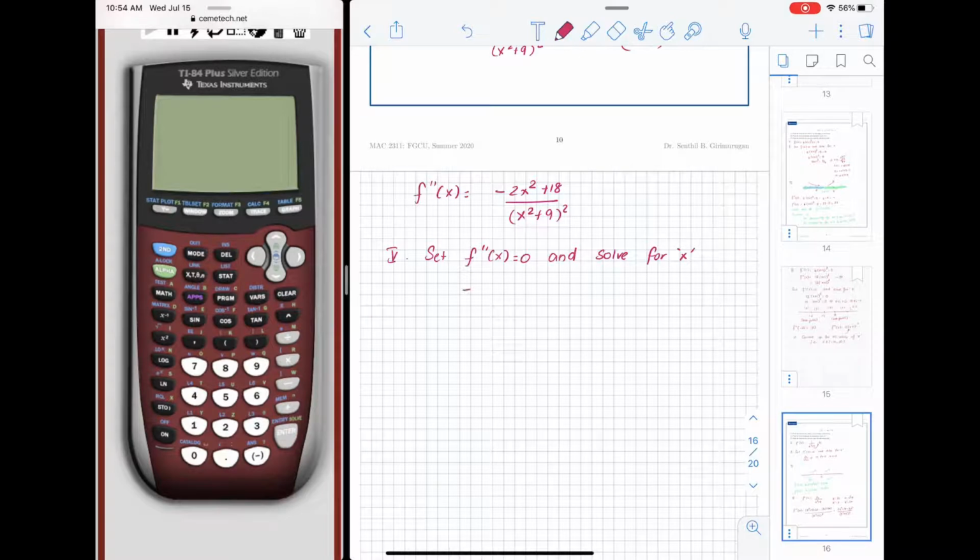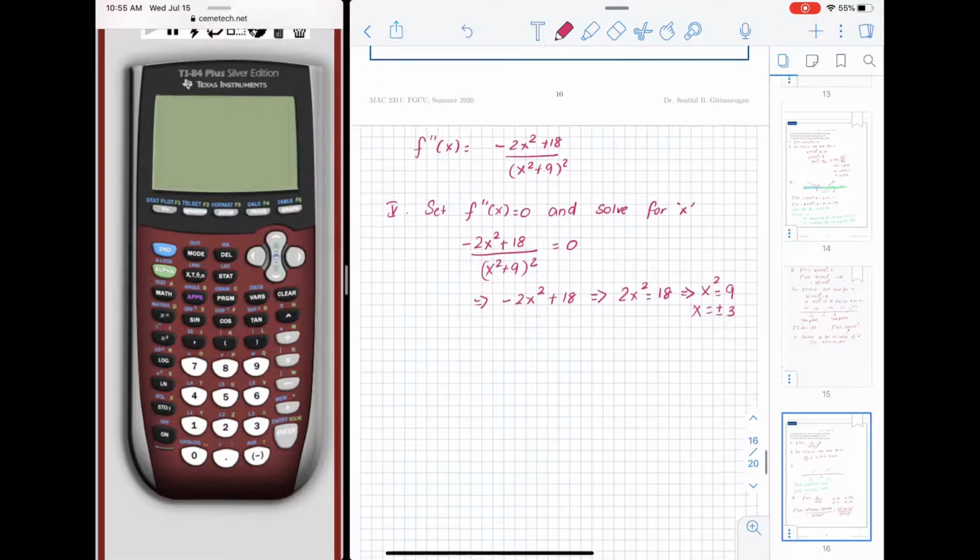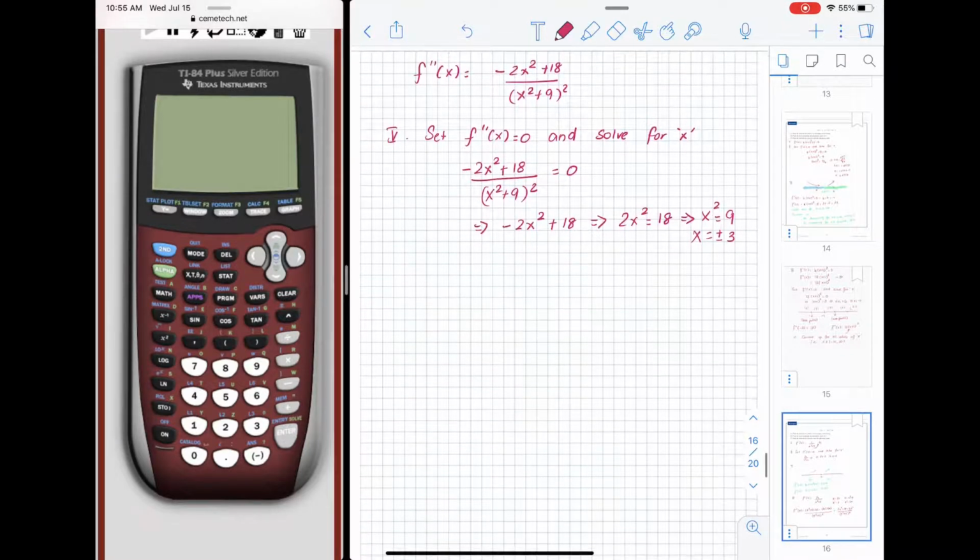So minus 2x squared plus 18 divided by x squared plus 9 squared equals 0, which would imply minus 2x squared plus 18 equals 0. 2x squared would be equal to 18. x squared equals 9, which means x is equal to plus or minus 3. So the points of inflection happen to be plus or minus 3.